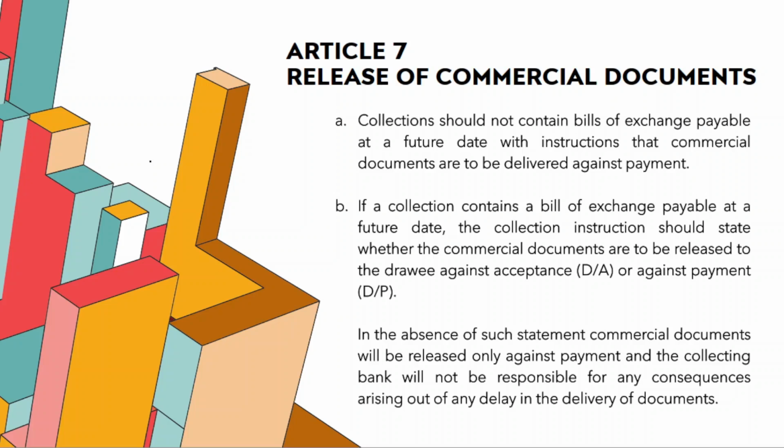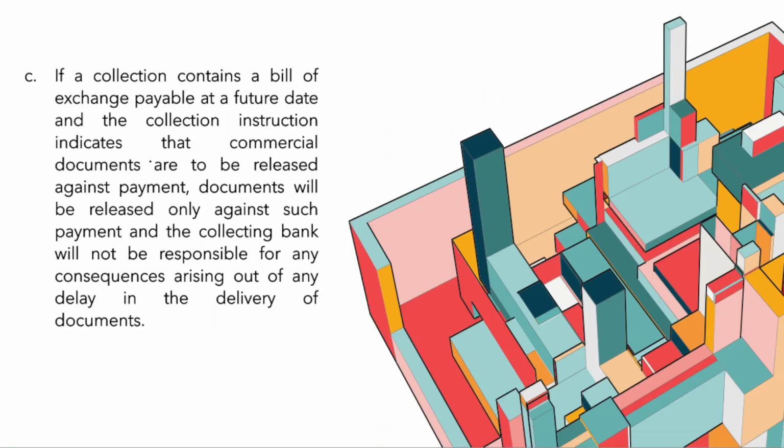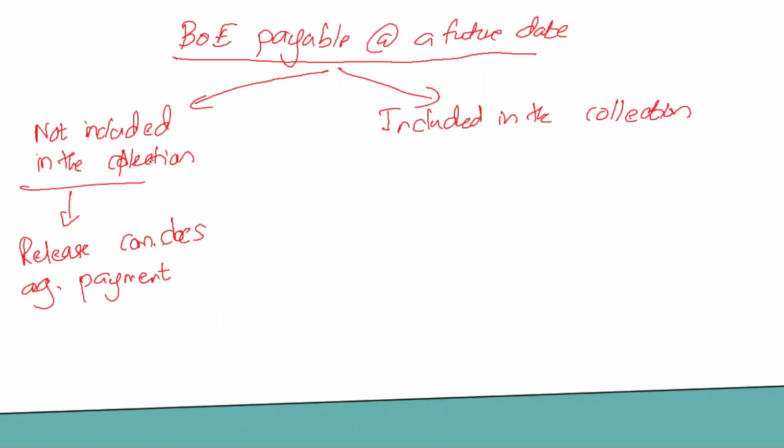So, it needs to clearly state in the CI, the collection instruction, the method of releasing these commercial documents. So here, yes, bill of exchange included in the collection.